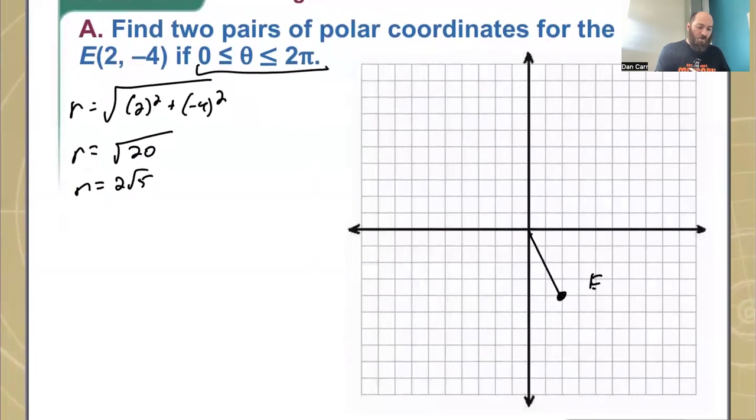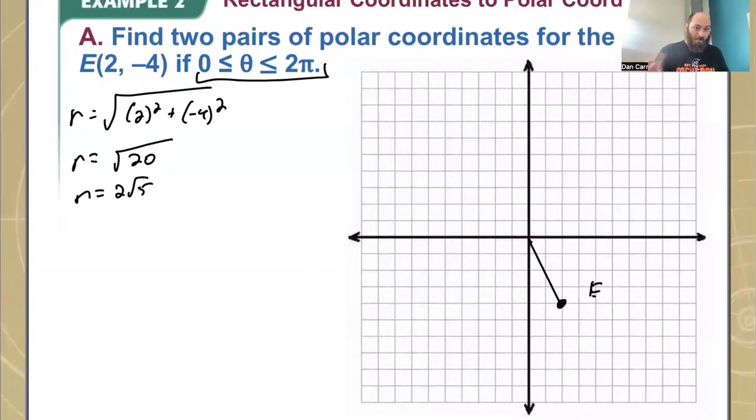Since I'm working from 0 to 2 pi here, I want to make sure I put everything in terms of radians. It might be easier if I just think of it as finding this theta prime as my reference angle and then go off of that for figuring out my actual polar coordinates. So my theta is equal to the inverse tangent of y over x.